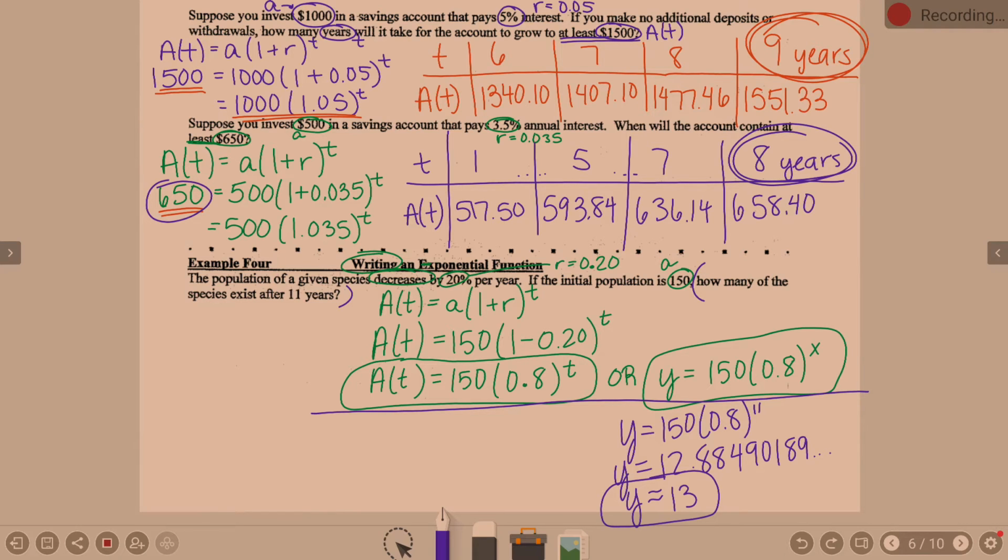Again, it's an estimation. On the test, it does depend on the circumstances. Based on the fact that this one was 12.88, almost 13, it's okay to go up.